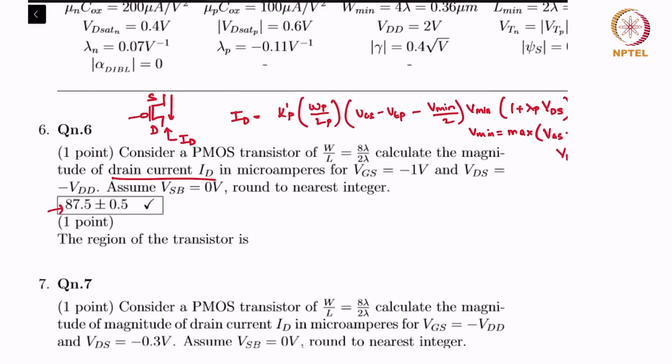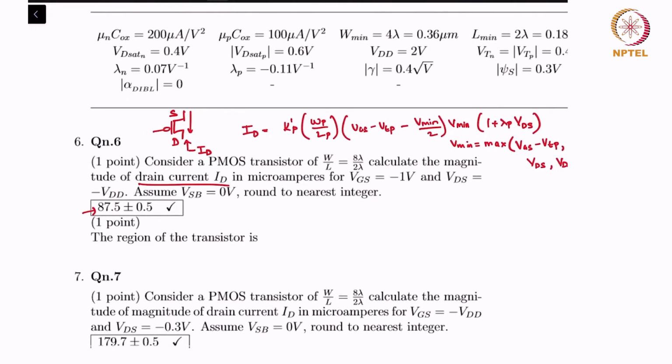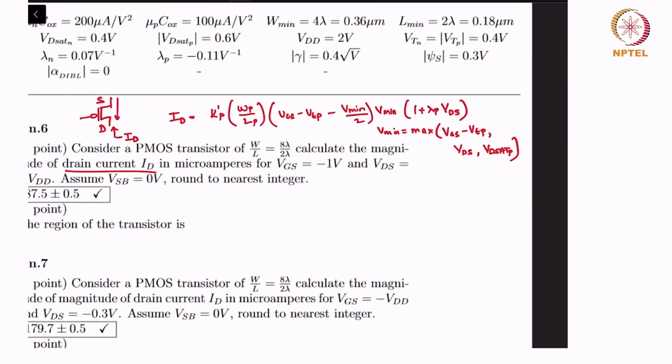So much like in assignment 1, all you need to do is find Vmin, and if it comes out as this, it's saturation. If it comes out as this, it's linear, and if it comes out as this, it's velocity saturation. And if it's a short channel transistor, you would have to include the channel length parameter. If it's a long channel transistor, then lambda P equal to 0 for long channel.